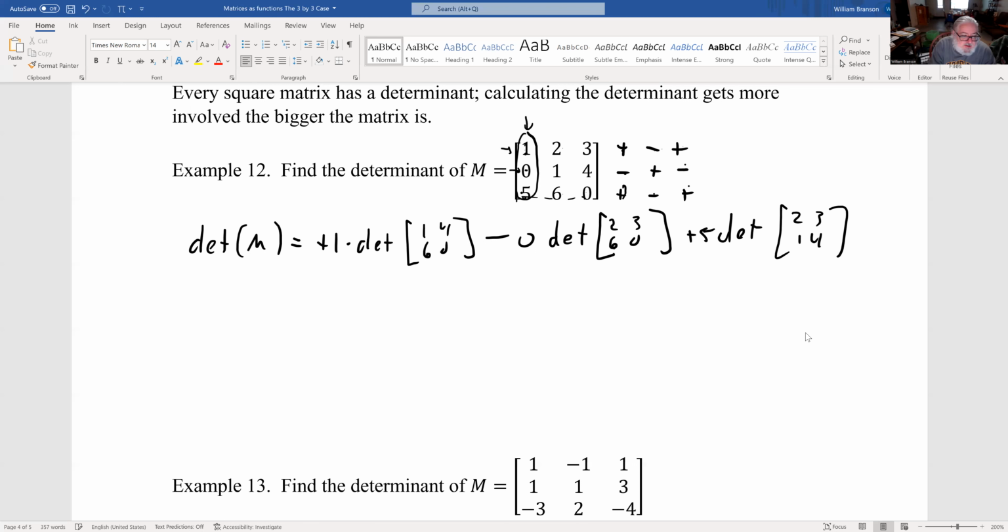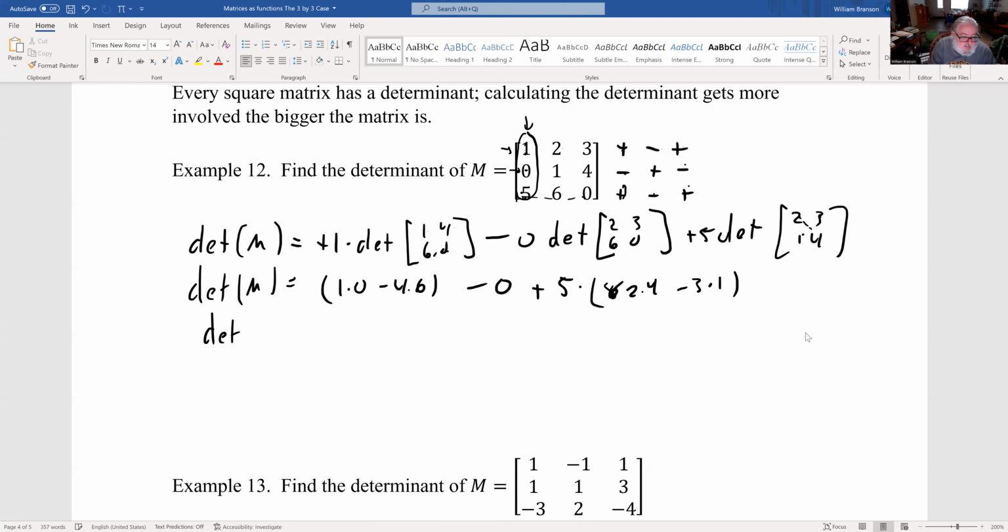And these are all 2x2 matrices, so the determinant of this 3x3 matrix is 1 times 0 minus 4 times 6, minus 0 times this. This is just 0, because 0 times anything is 0, plus 5 times 2 times 4, which is 8, this times this, minus 3 times 1.